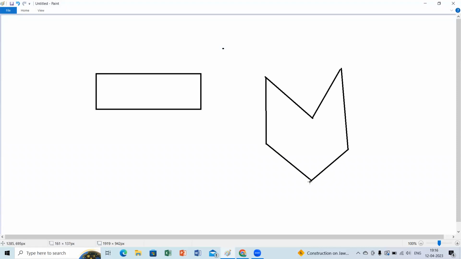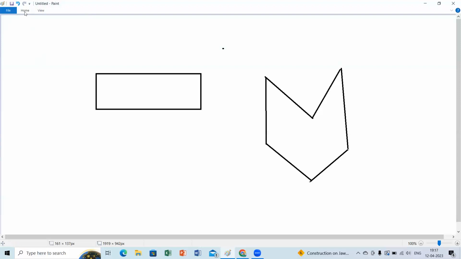This is a 5-sided polygon. How many sides? Not 5. 1, 2, 3, 4, 5, 6. So this is a 4-sided polygon. This is a 6-sided polygon. Yes or no? Are they polygons or not?